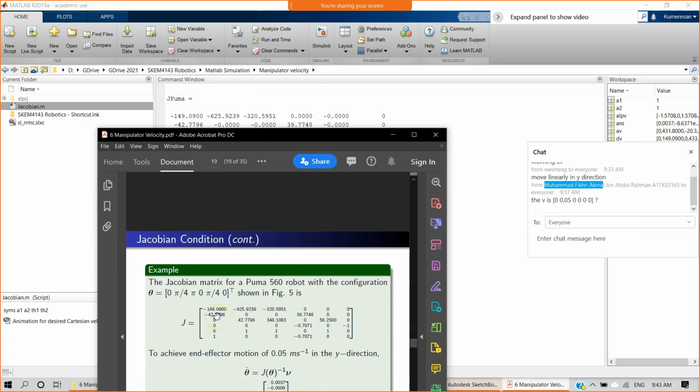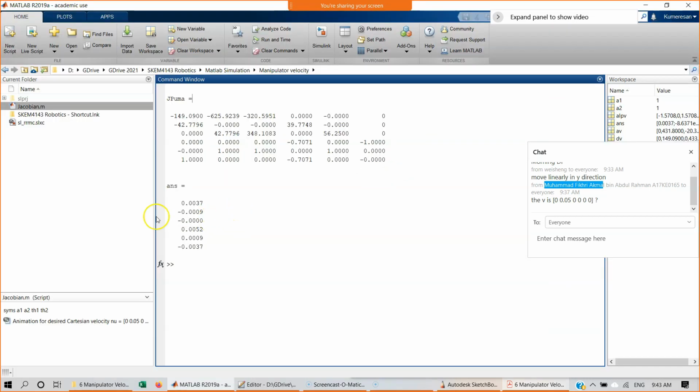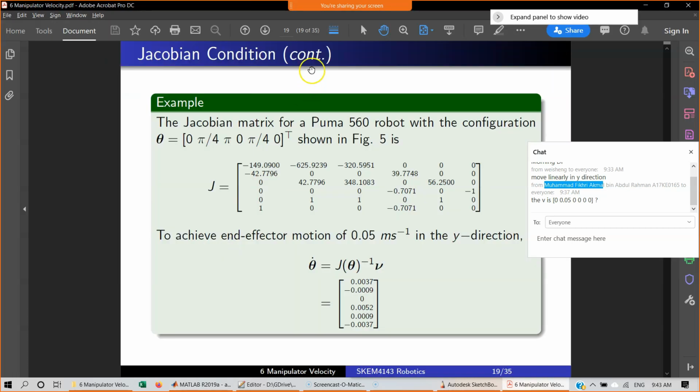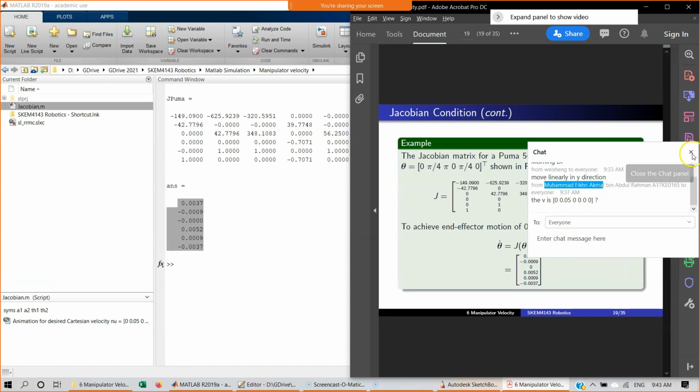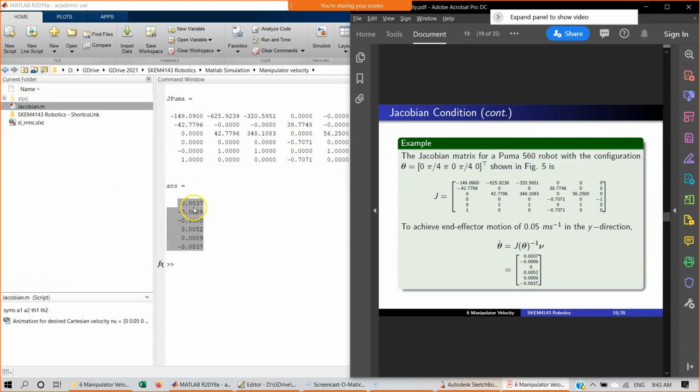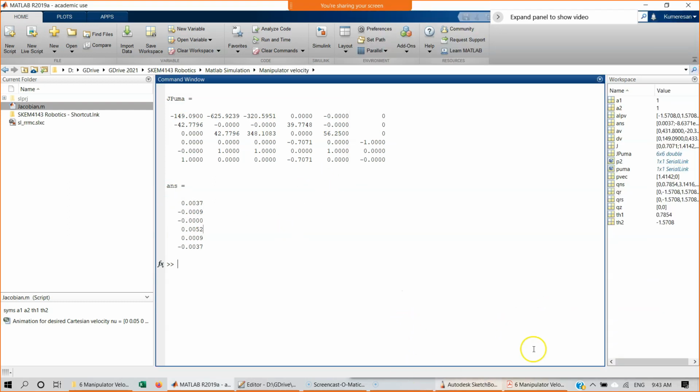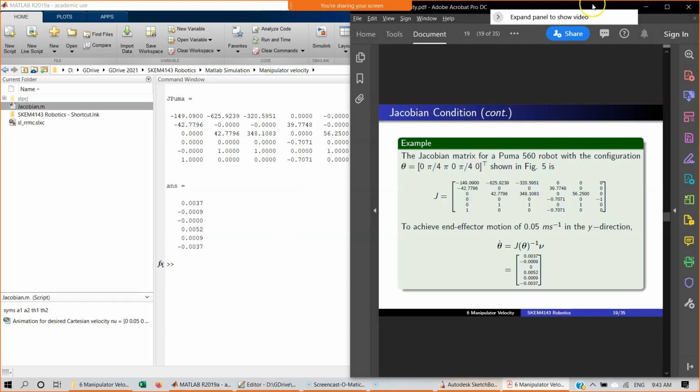Okay, minus 149, minus 625, 320, 0, 0, 0, and so on, right? And this is the joint velocity. Again, we can compare this with our notes. 0.037, minus 0.09 and so on. Okay. All right.